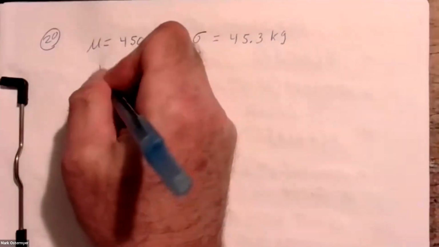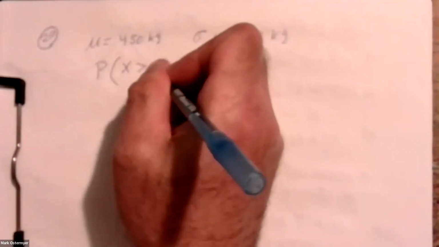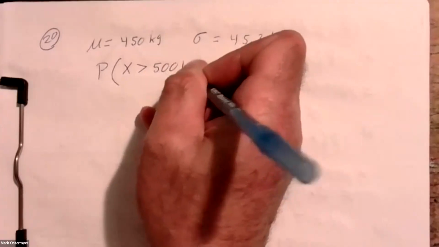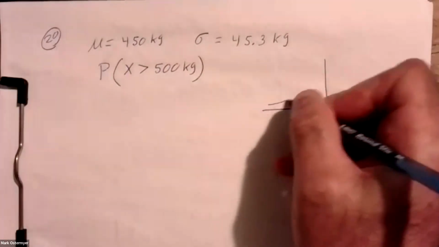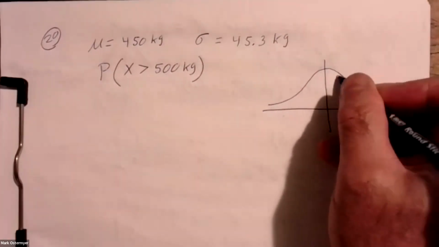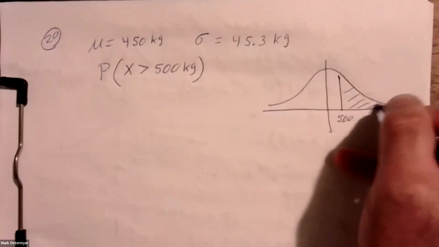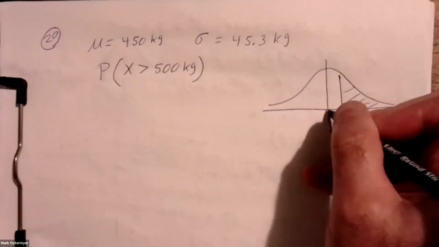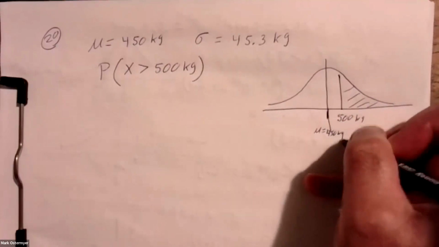So we want to find the probability, which is really the proportion that would have a weight that exceeds 500 kilograms. So we really want to compute this probability here. Geometrically speaking, this probability is going to be this upper tail area here, because the mean is right here, which is 450 kilograms.